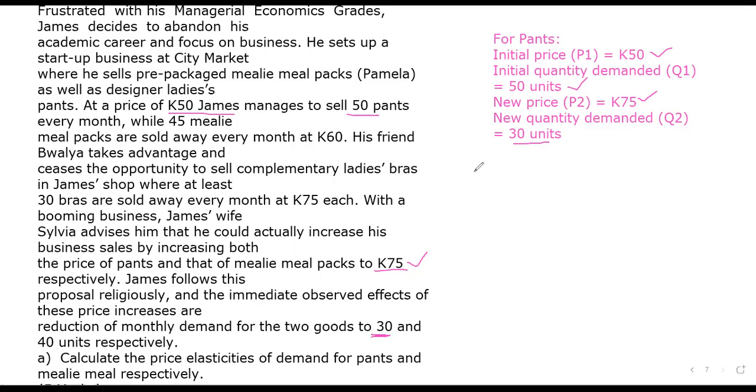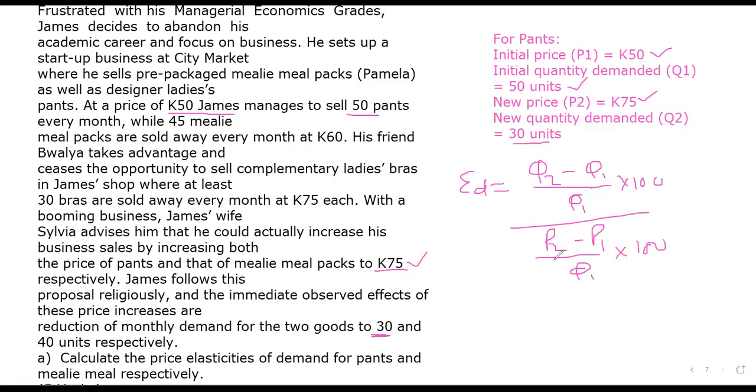So what is our elasticity of demand? Remember the formula? What's the formula for elasticity of demand? Percentage change in quantity demanded over the percentage change in price. So what do we put here?